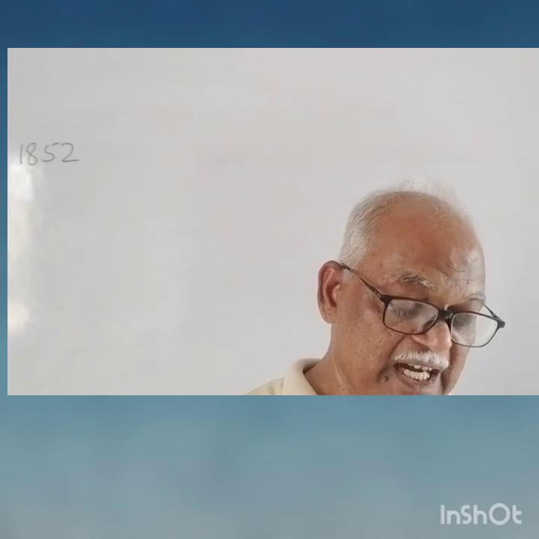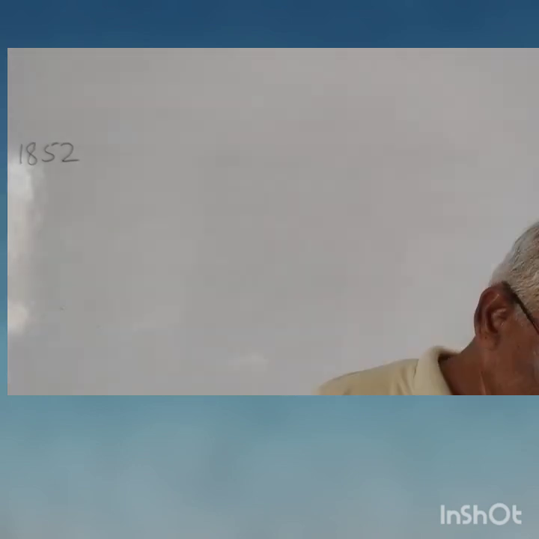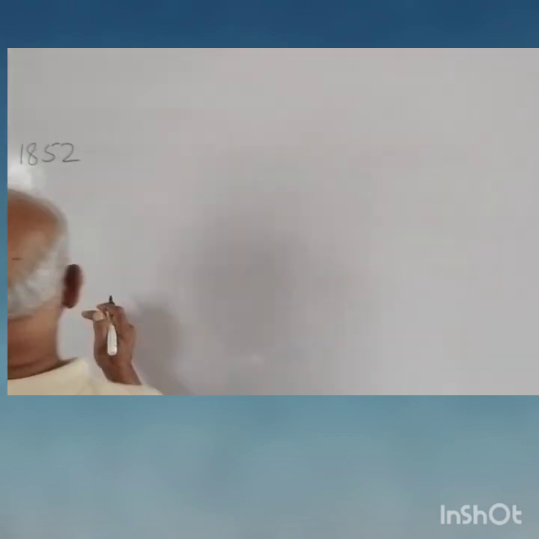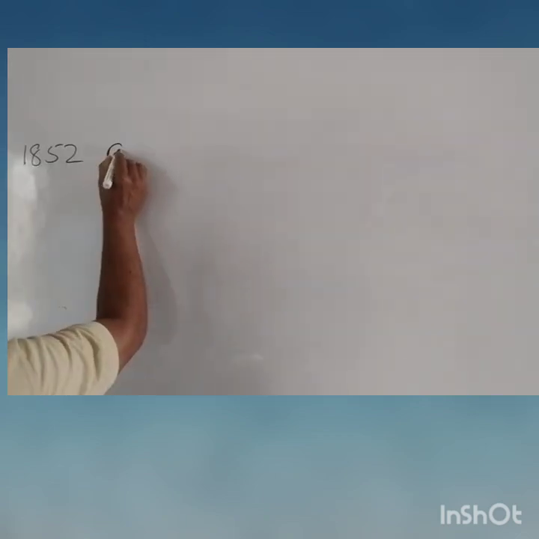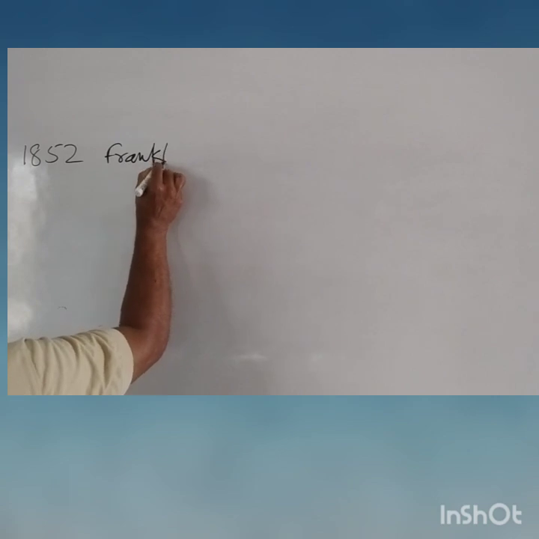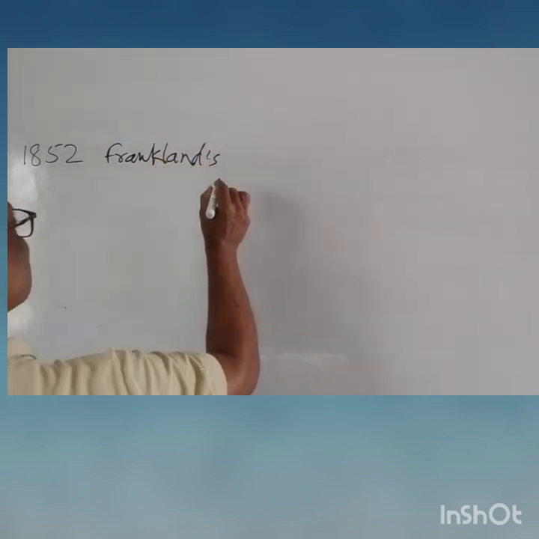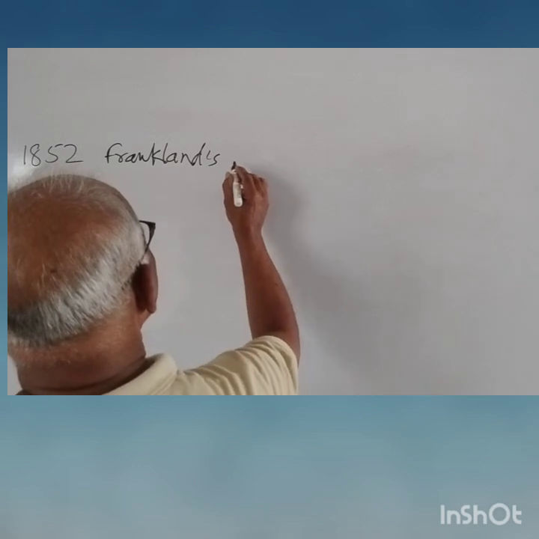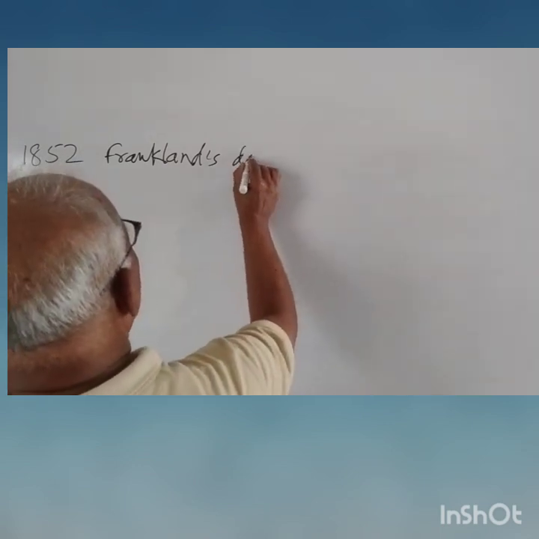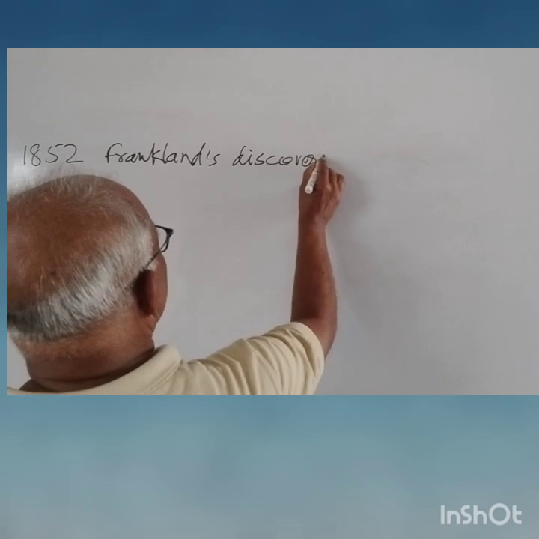The next event is detected in 1852, when Frankland used methyl halide and sodium amalgam to make dimethyl mercury. This is Frankland's discovery.